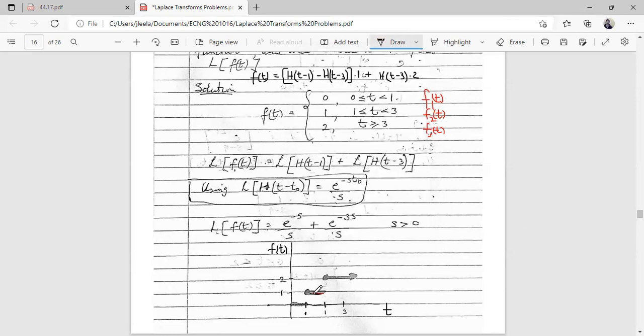This should come all the way here. Right. And then from here now, from 3 and beyond, it should be 2. The arrow should be going like this here.